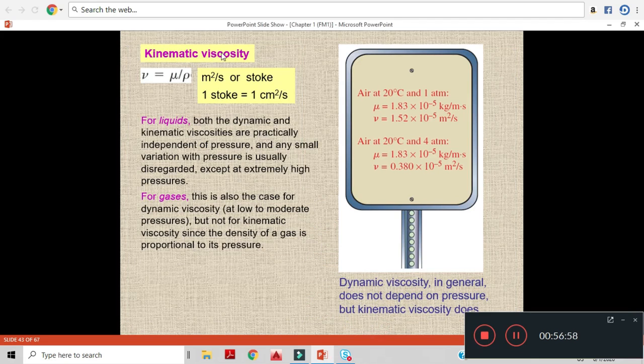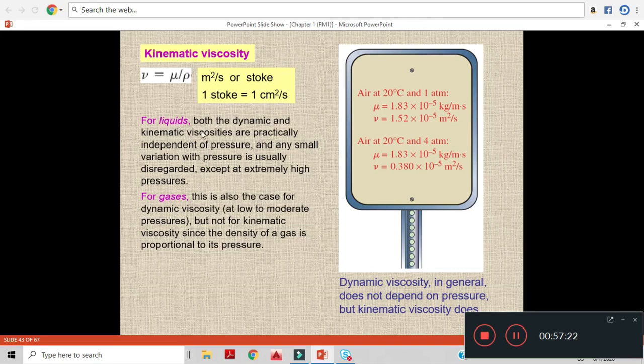Now the kinematic viscosity, indicated with nu, is another type of viscosity, that is mu over rho. Its unit is meter square per second, or stokes. 1 stoke is equal to 1 centimeter square per second.